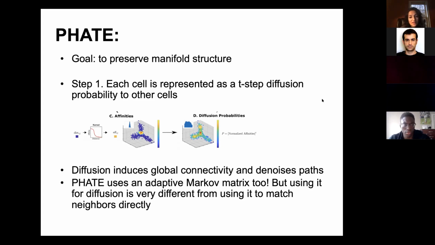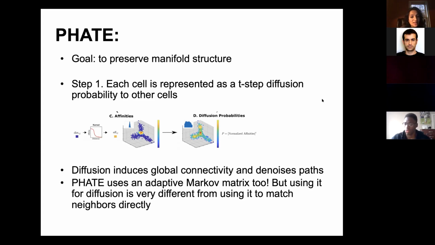And after I've explained diffusion maps, this is going to be fairly easy to explain. So what FATE does is it once again computes a t-step powered Markov matrix. But now it doesn't eigendecompose it because eigendecomposition has this effect of disentangling orthogonal components or trajectories or whatever. Instead, it's trying to collect all that information into a 2D visualization.